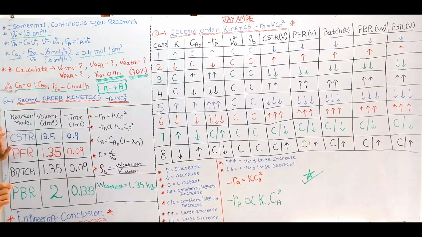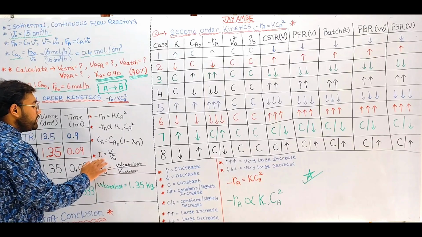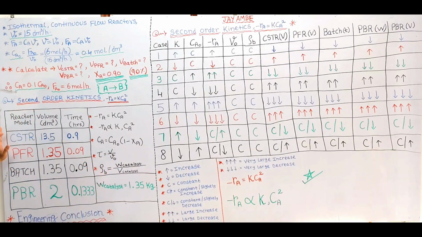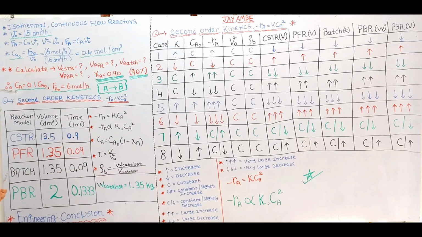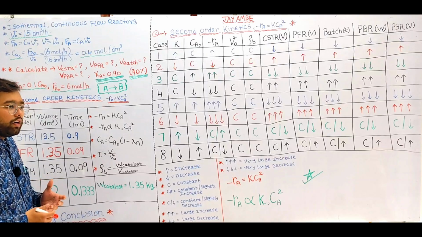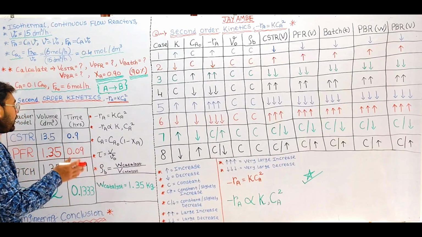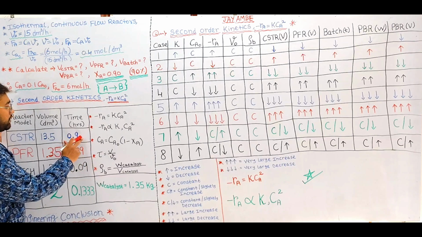Now by using the fundamental concept of the space-time, where the space-time is the ratio of volume by its volumetric flow rate, we have calculated the reaction time required to achieve the 90% conversion, which comes out to be 0.9 hours.